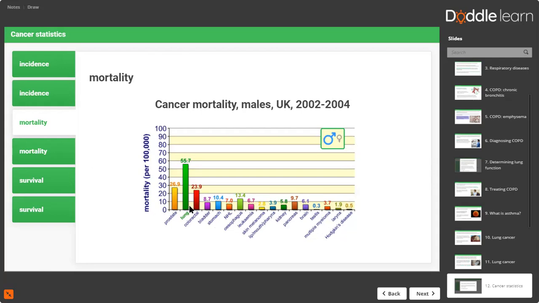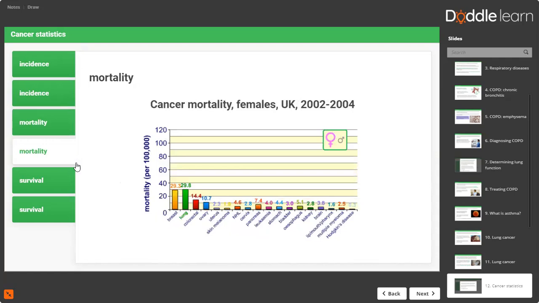That's followed by colorectal, then esophageal, stomach, pancreatic cancer, bladder, NHL, kidney, leukemia, kidney, lip, mouth, pharynx, multiple myeloma, and as you can see then the rest starting to peter off again.